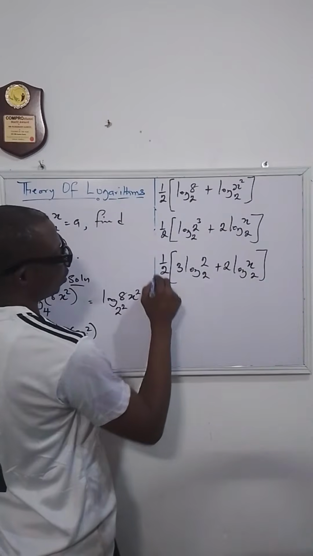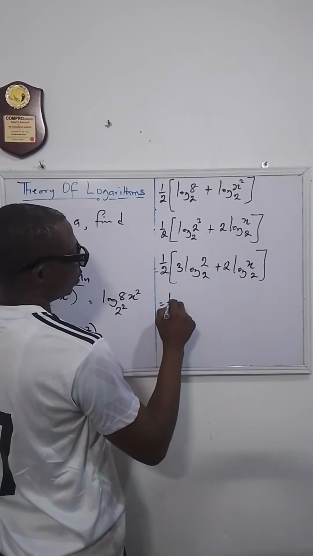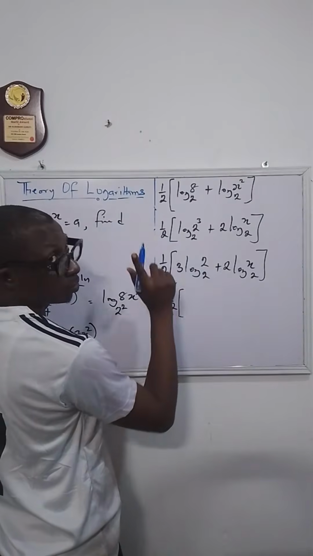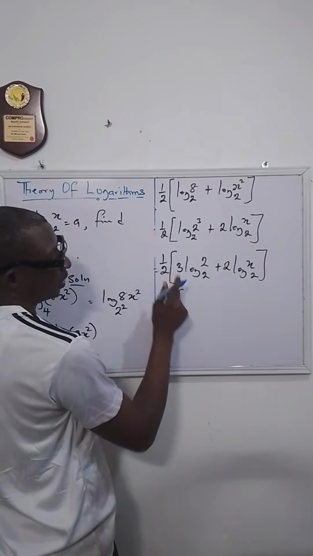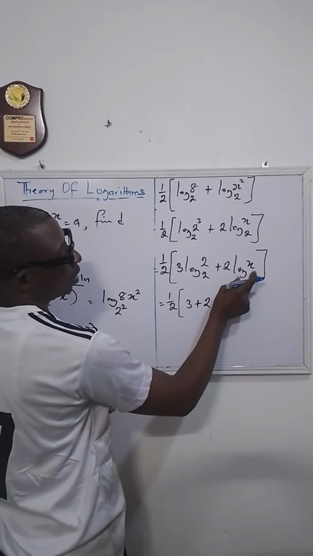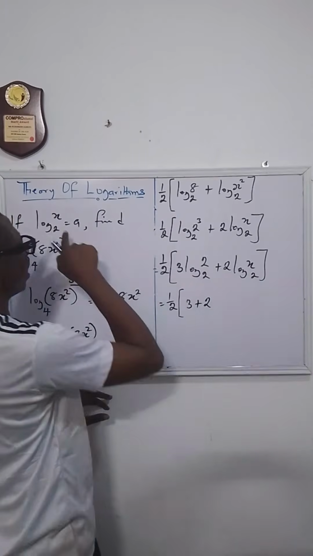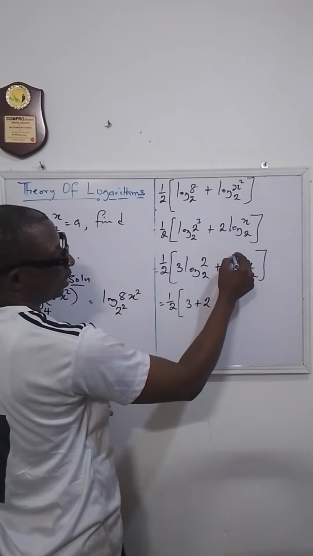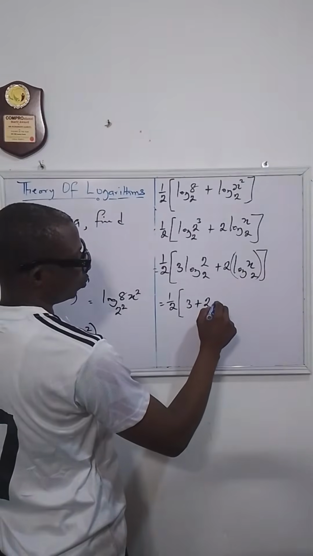Now, so this gives us what? 1 over 2. Now, log 2 base 2 is 1. So 1 times 3 is 3 plus 2. Now, log x base 2 has been given here as a. So everything here is a. So we have 2a.